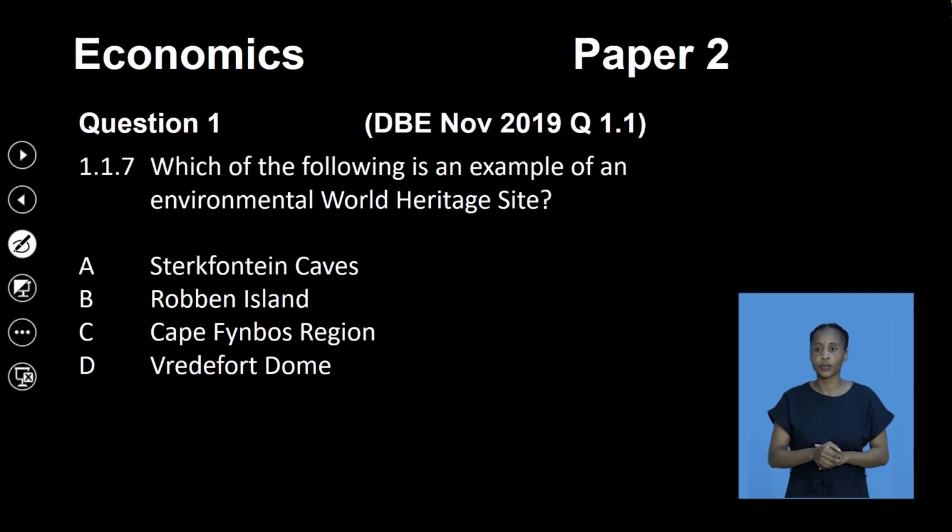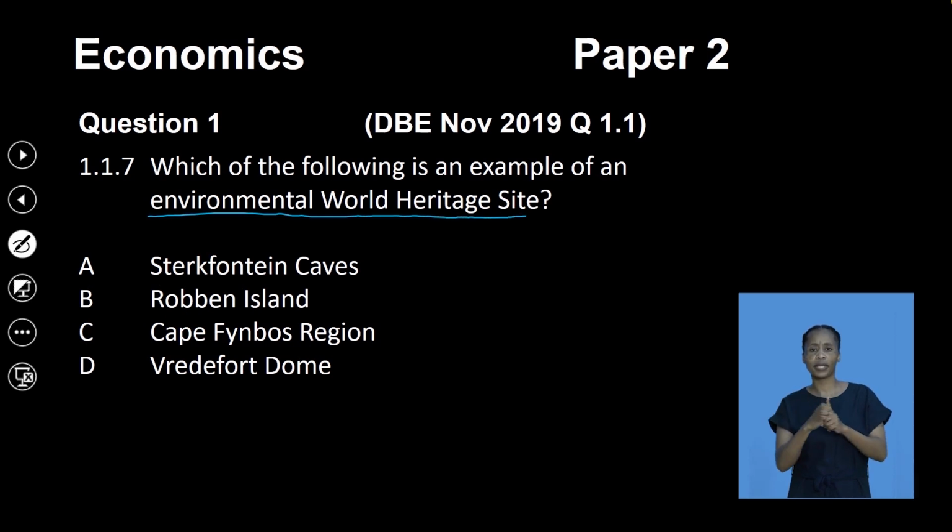Right, and then question 7 says, which of the following is an example of an environmental World Heritage Site? Please, your keyword there is going to be environmental. As we look at the responses, you are going to be able to pick, for example, Robben Island is not an environmental one.